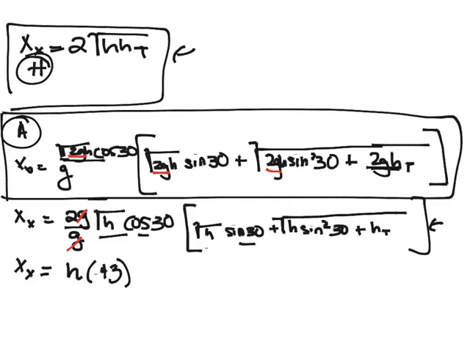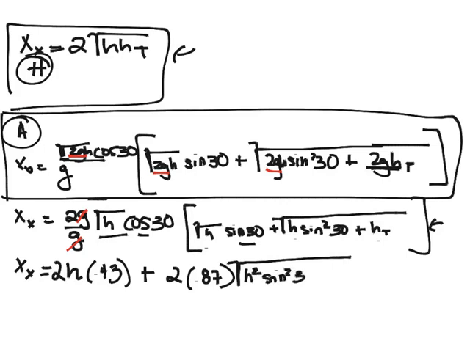Okay, and we still have this 2 out front, so I have 2h times 0.43 plus 2 times cosine 30, which is about 0.87. And again, we can distribute this square root h. So we have the square root of h squared sine squared 30 plus ht.